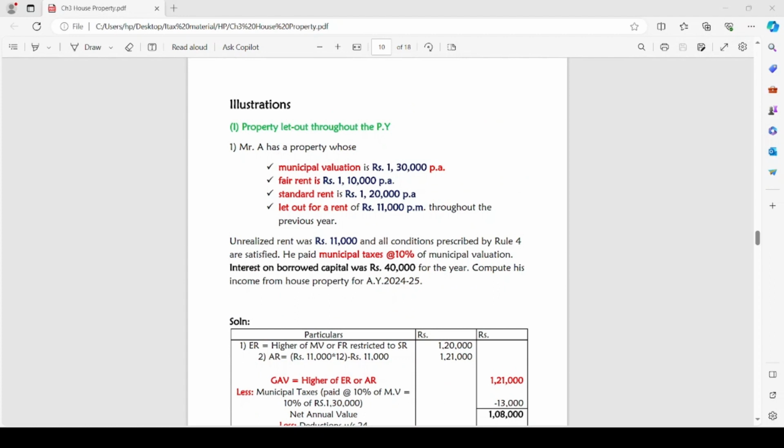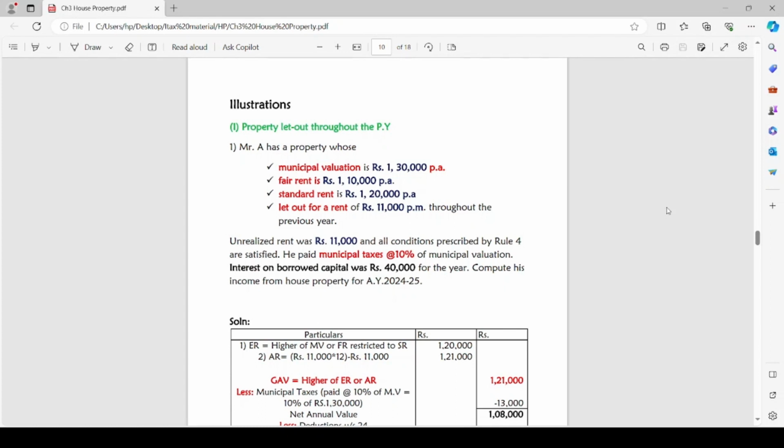Now let us discuss the first question. The first case is regarding the house property which has been let out throughout the previous year. Mr. A has a property whose municipal valuation is rupees 1,30,000. Fair rent is rupees 1,10,000 per annum.